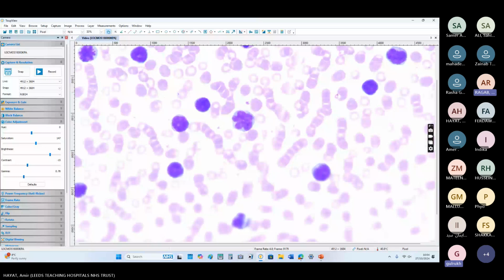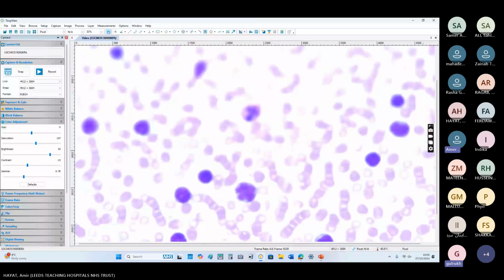It's going towards CLL. Sorry? CLL. CLL. Yeah, CLL. It is a CLL.